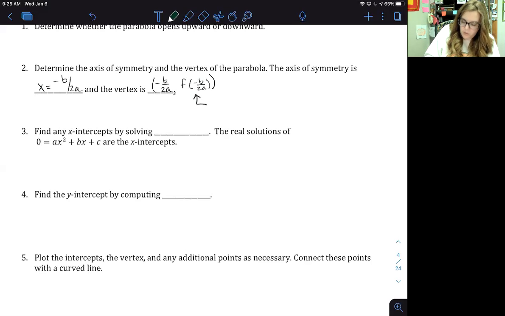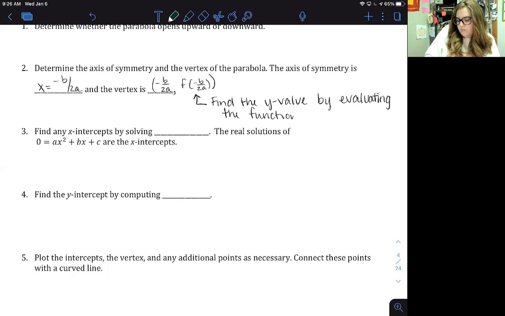So to find that y value, by evaluating the function for negative b over 2a. So plug in your x value, and we'll do an example of this in a bit.